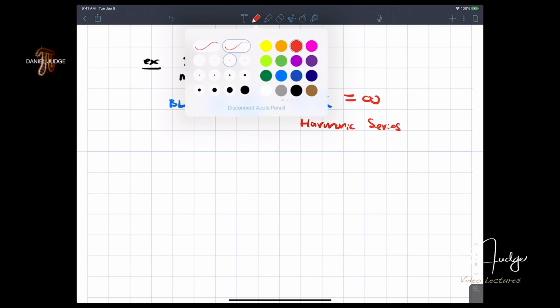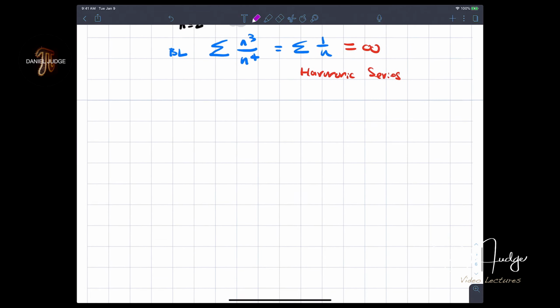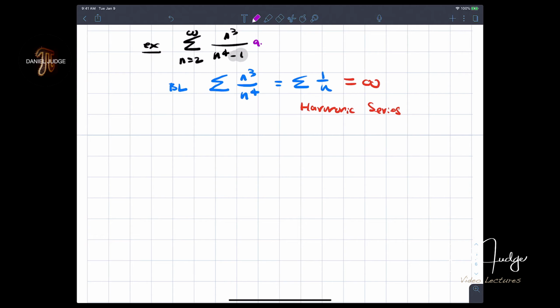Okay, so now we're going to use a limit comparison test. So this is my an, and this is going to be my bn. So the limit now of the ratio an over bn becomes the limit of n cubed over n to the 4th minus 1 over 1 over n.